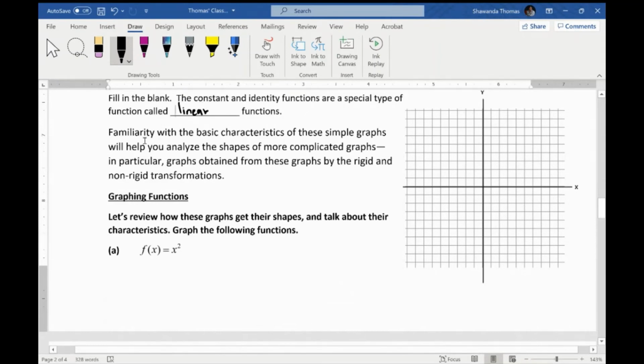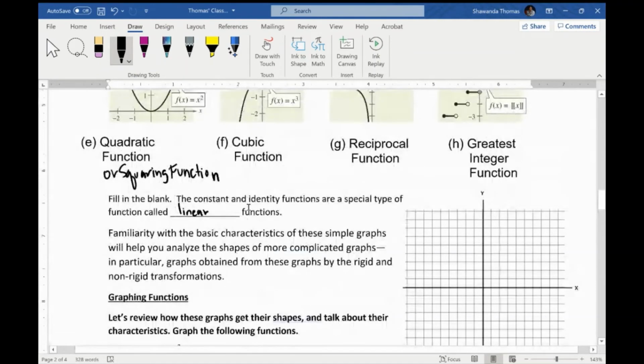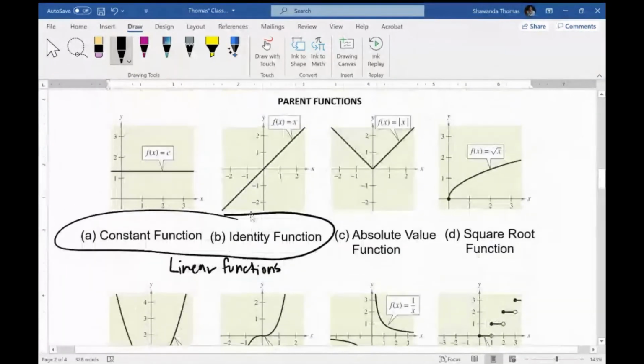All right. Familiarity with the basic characteristics of these simple graphs will help you analyze the shapes of more complicated graphs. In particular, graphs obtained from these graphs by the rigid and non-rigid transformations. So on Thursday, we're probably going to do more of something called transformations. Go ahead and try to get familiar with the shapes of these parent functions.